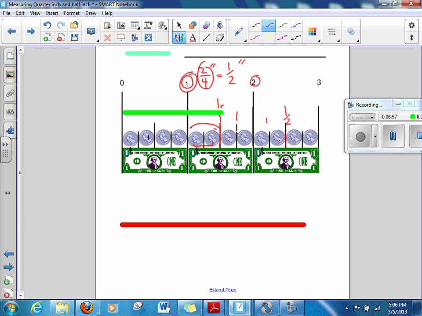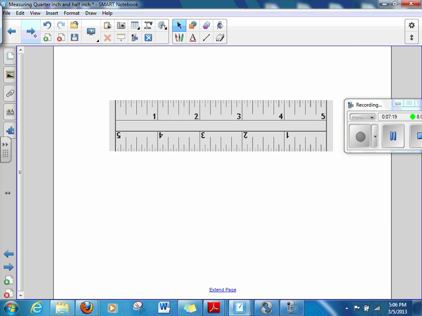This would be 1/4. This would be 1/2. And then, of course, this would be 3/4. And then that's 3. So 2 1/4, 2 1/2, 2 3/4, and then finally we go over there. It's 3. Let's go on to the next slide and take a look at the ruler.